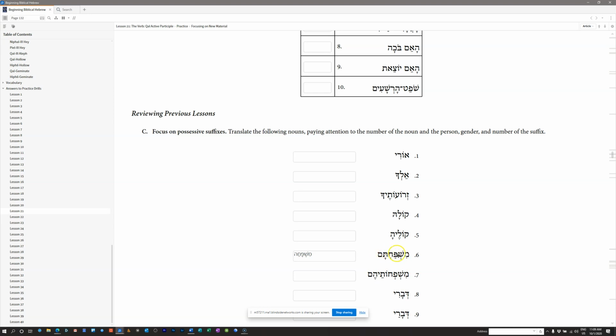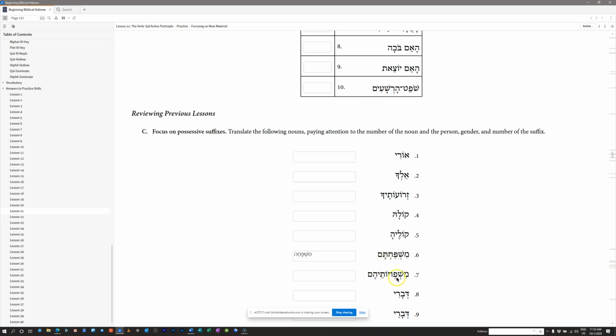First of all, you can account for the tav as sort of a hardened hay that allows a suffix, or you can see this tav as the feminine singular construct. Either way, we've got a singular word. This is not a tav as in a holam vav tav. This is not plural. Mishpacha is singular. Mishpachat is singular. This is family, and then the am is their family.